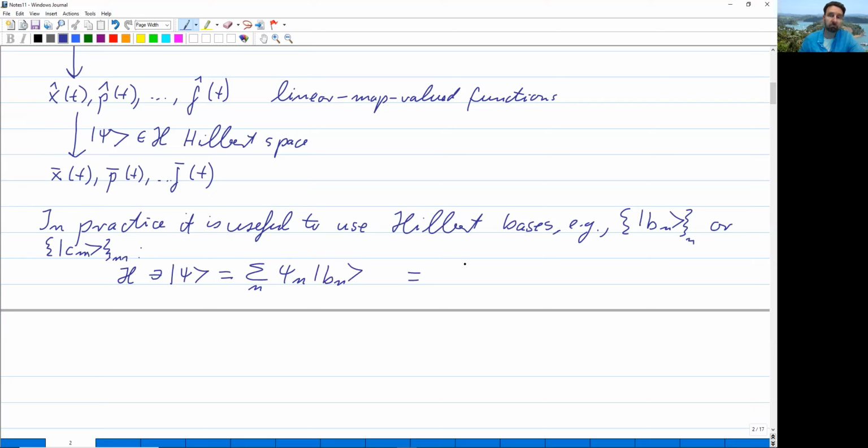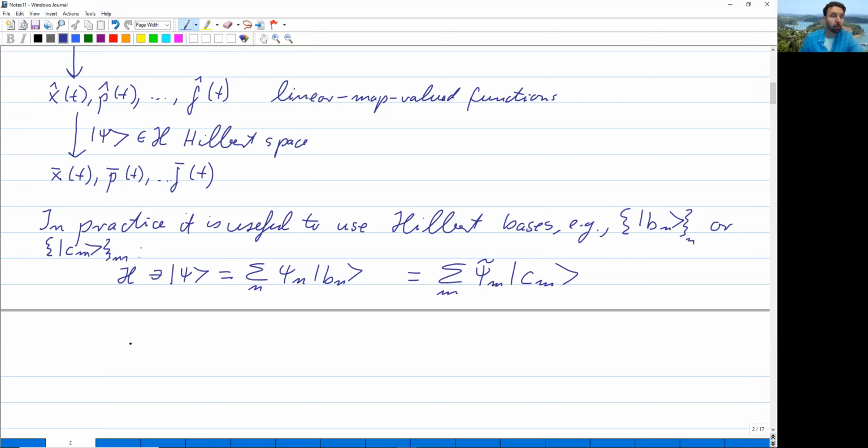But similarly, there is also a decomposition as a series in coefficients that we may call psi tilde m, just to invent a name, times Cm. Right? So the same vector psi can be expanded in any Hilbert basis, and we get coefficients psi n that represent our vector, or psi tilde m, or whatever we may want to call them, considering the basis that we may want to choose.